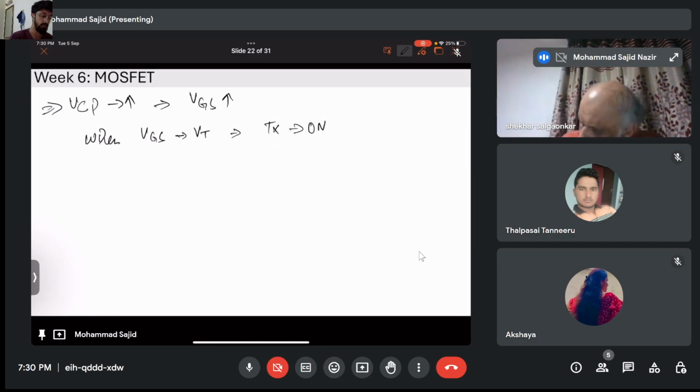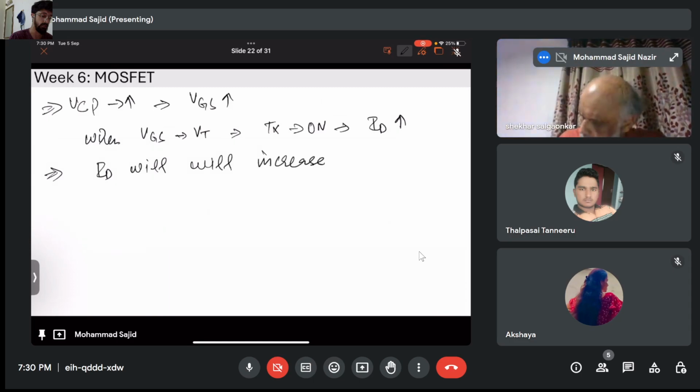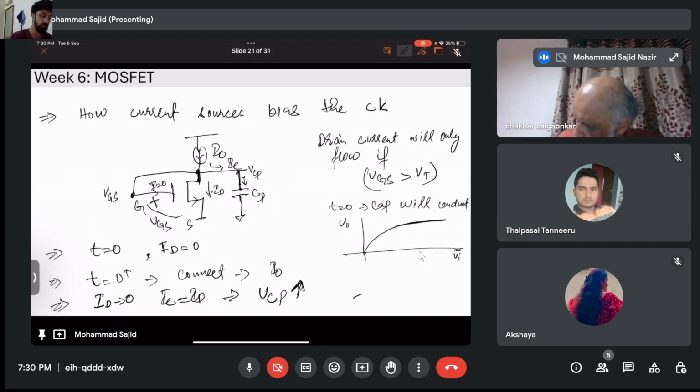When the transistor turns on, ID increases. So ID will increase till ID is equivalent to I naught. Is this understood? When ID is equivalent to I naught, that means the whole current I naught is flowing through the transistor and it's not flowing through the capacitor.